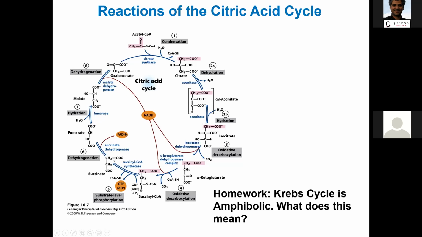And conversion from succinate to fumarate to malate to oxaloacetate, those reactions are reversible and they are utilized in biochemistry quite frequently in many different types of metabolic pathways. Okay, so that's your citric acid cycle review in short.